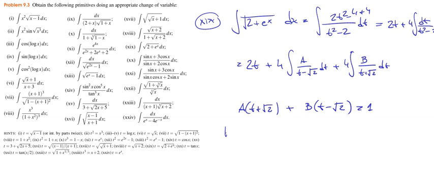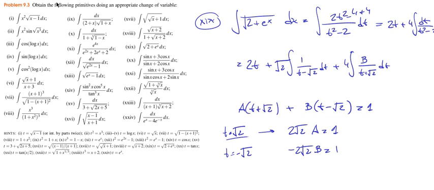So if t equals the square root of 2, then you have 2 times the square root of 2 a is 1, so a is 1 over 2 times the square root of 2, times 4 is 2 divided by the square root of 2, or in other words, the square root of 2. And then if t is minus the square root of 2, this goes away, so you have b times minus 2 times the square root of 2 is 1, so b is minus the square root of 2.